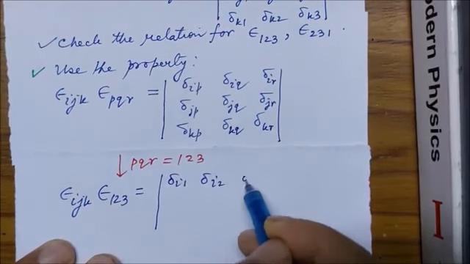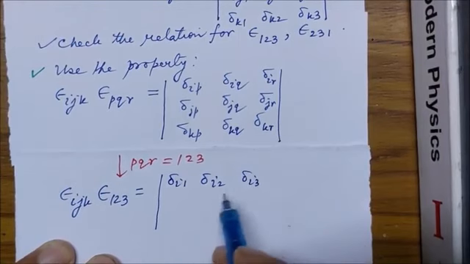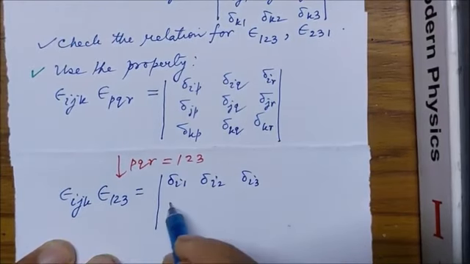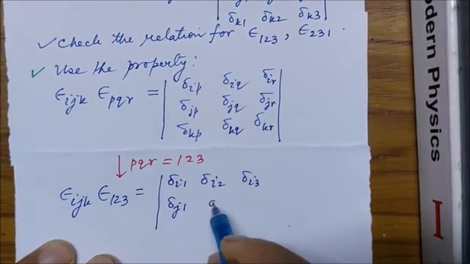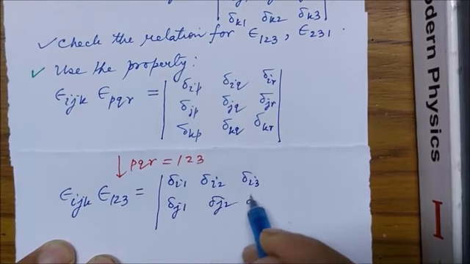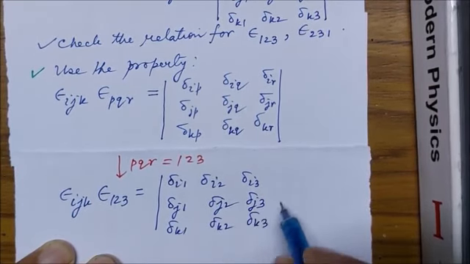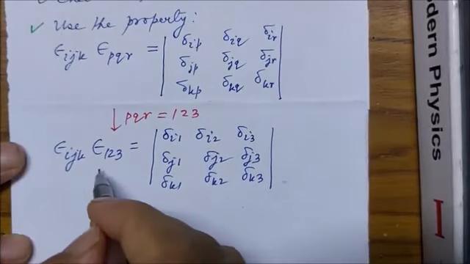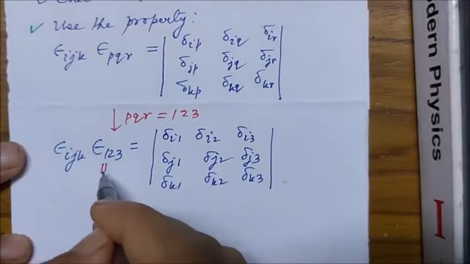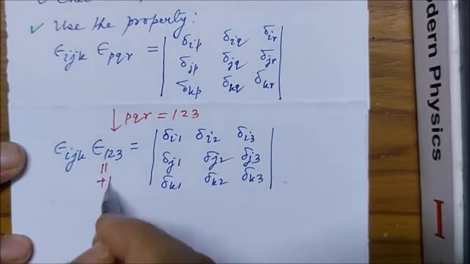Then we have I2, Kronecker delta I3, then the J row, and finally with K. Again, the value of epsilon 1, 2, 3 is plus 1.